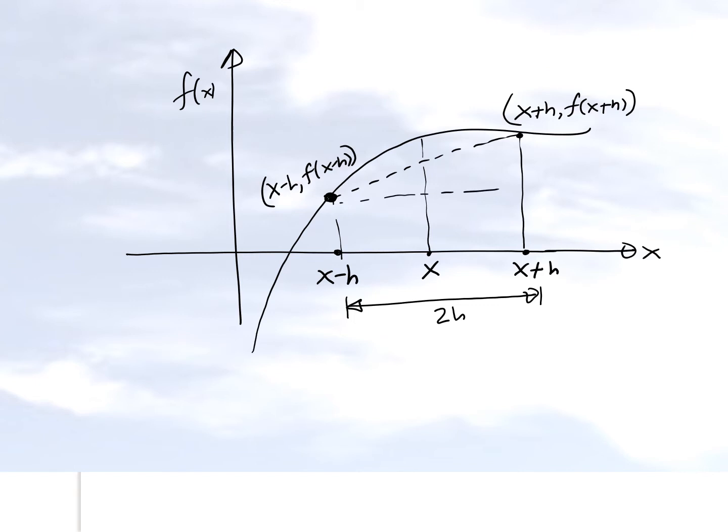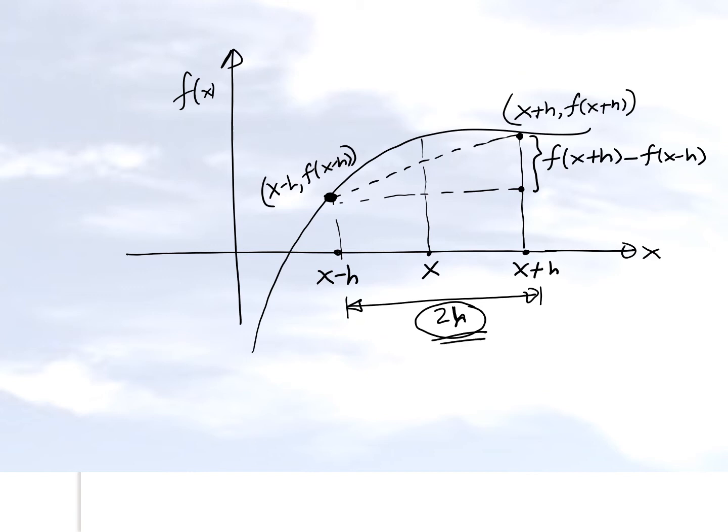So if we want to find the slope of the secant line, we'll have to find what the rise is and what the run is. The run is already 2h as shown here. The rise will be f of x plus h, and this number here is the same as this number here for the y-axis, so it'll be f of x minus h. So that's the rise, and this is the run.